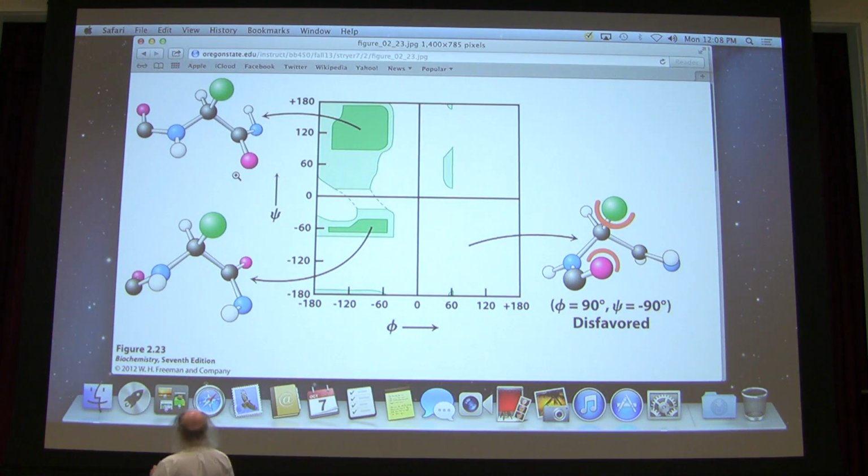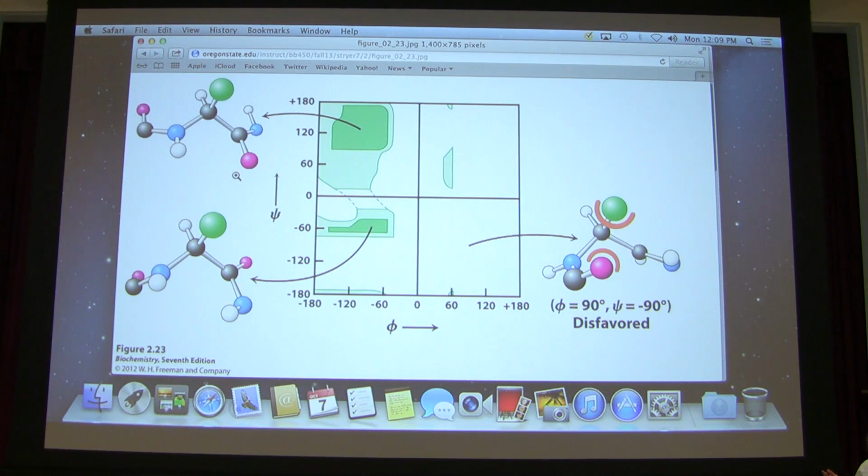Now, I'll remind you that a Ramachandran plot has a plot of phi and psi, and there's 360 degrees for each one, from plus 180 to minus 180. These are rotational angles of the two bonds around the alpha carbon. I don't care if you memorize which one is which.